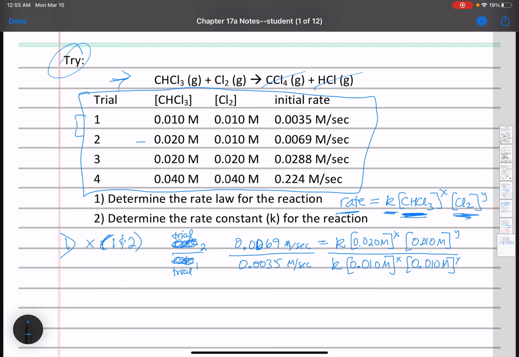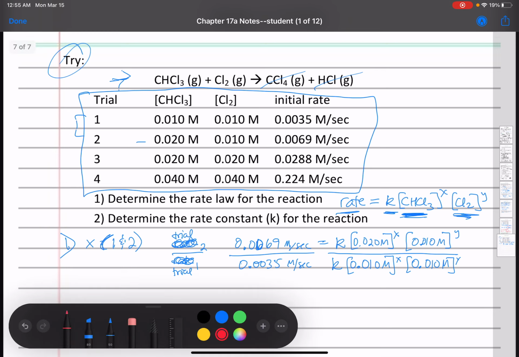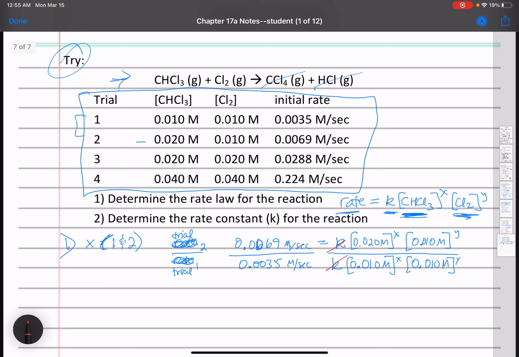Okay, so now K divided by K is going to cancel out, and 0.01 to the y power divided by 0.01 to the y power is going to cancel out, and now I can solve for x. So 0.0069 divided by 0.0035 equals 1.97, which is pretty darn close to 2.